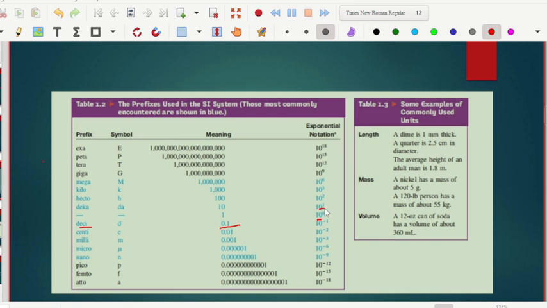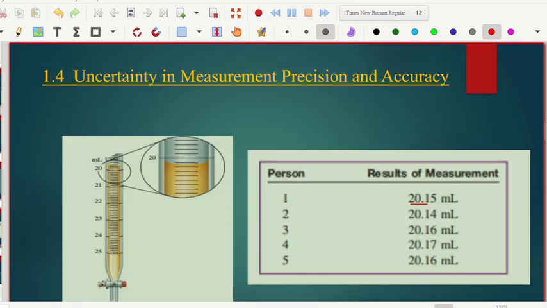Here. So now let us move to the other part, which is called uncertainty in measurement versus precision and accuracy. For instance, you encounter this in the lab each time you're doing your labs. So this is a burette. Now you're about to take the readings. Look, as it's going down, the numbers are increasing. Here it is on 20, then here this is 21, 20.1.